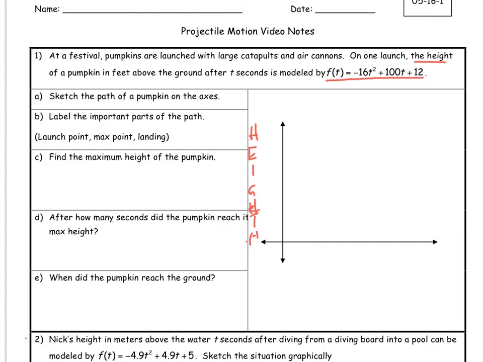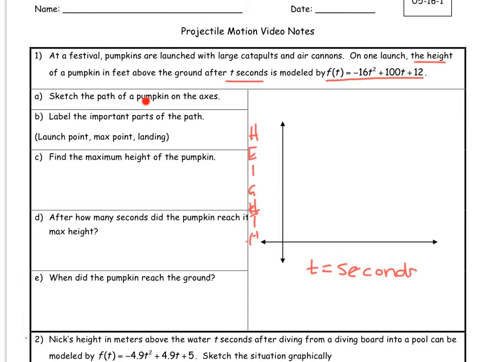And we're also measuring t in seconds. So this is t, which equals seconds. And yes, I know it's the x-axis, so if you want to make that x instead of t, you can. So this function right here is telling us, if we know the time, we can tell the height of the pumpkin.